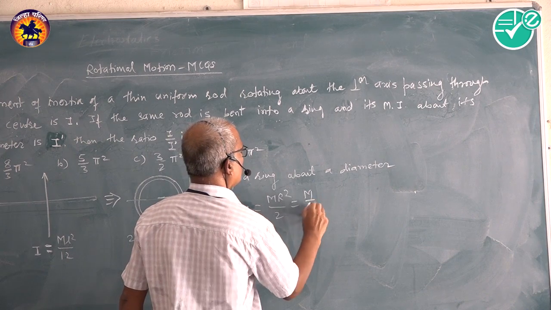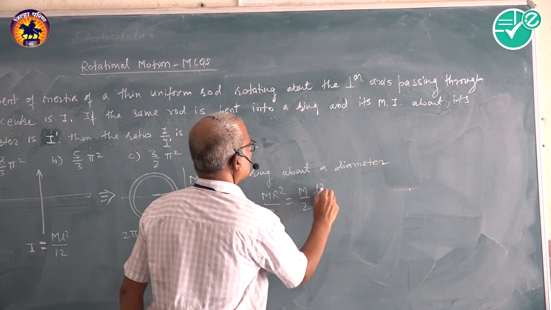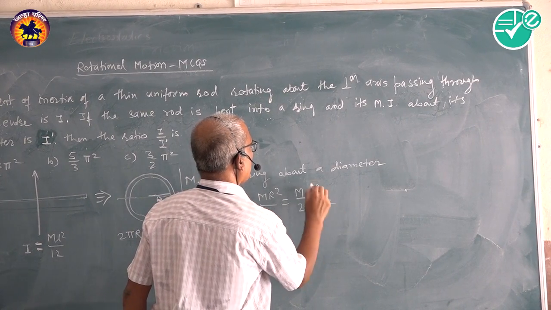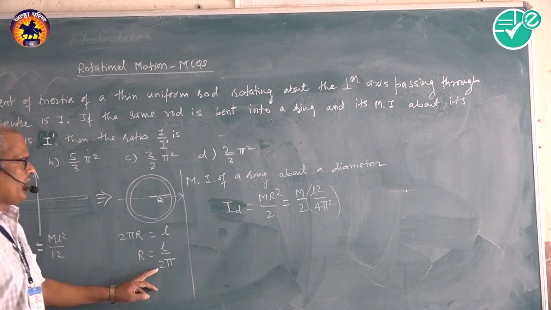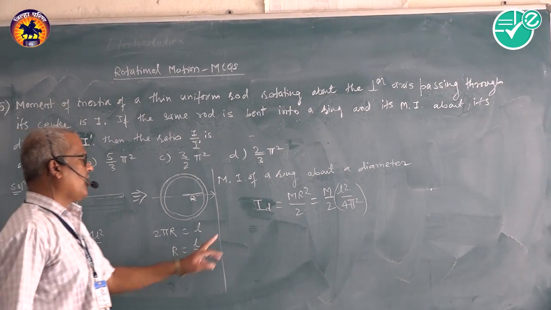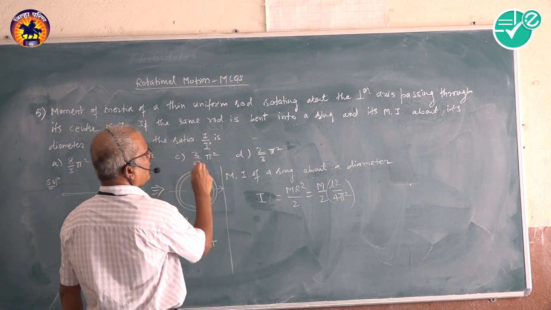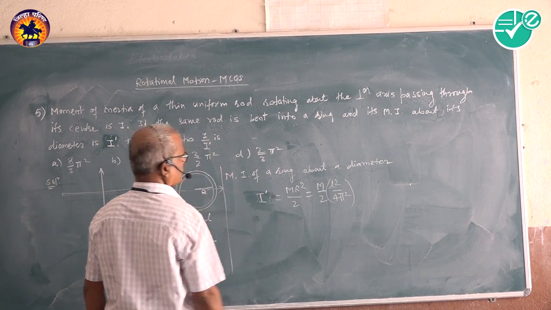Put the value of r. Value of r is this, L upon 2 pi. So L square upon 4 pi square. L upon 2 pi, square of this, L square, 2 pi square is 4 pi square. So ID is equal to this. Or you can write, instead of ID, here I dash. So you write here I dash.